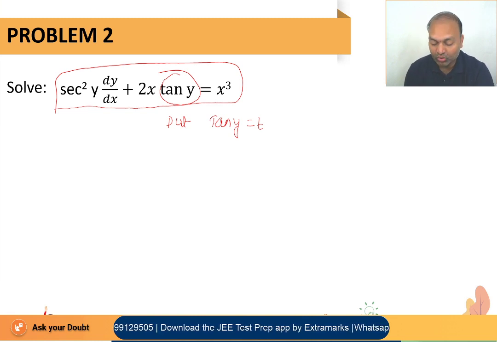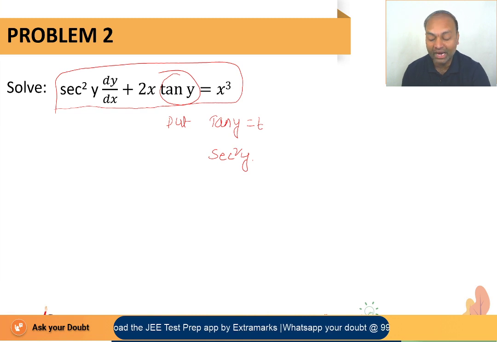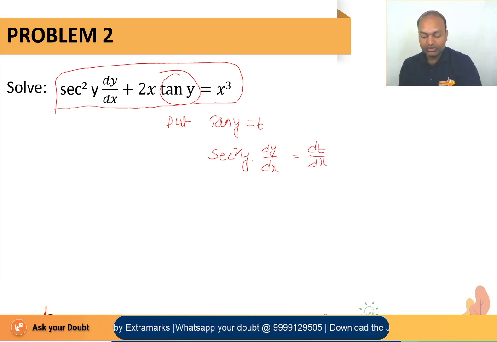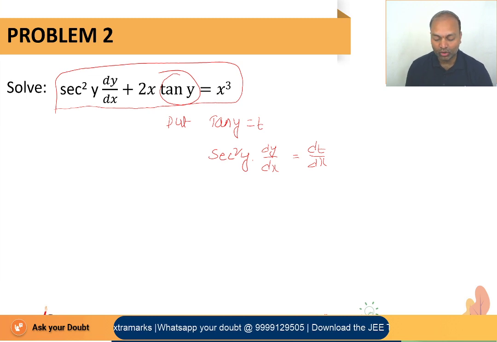Tan y derivative is what? Secant square y. So secant square y into dy by dx is equal to dt by dx. Right? Now substitute these two values in the given problem.